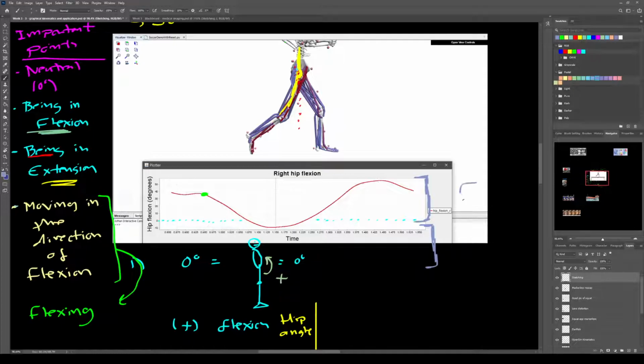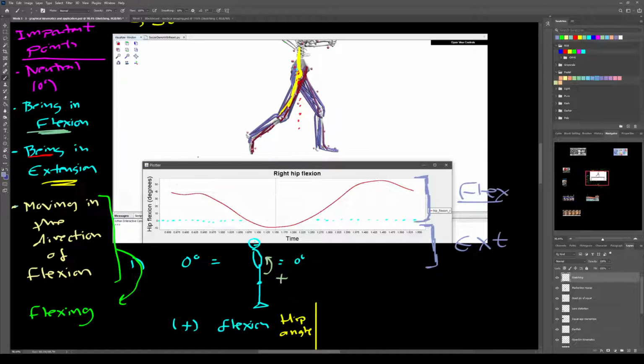So if this is flex, extend, to be flexing the hip, we need to be moving towards flexion. We're actually moving towards extension here. So even though our position, say like right here, is a position of hip flexion, it is extending.